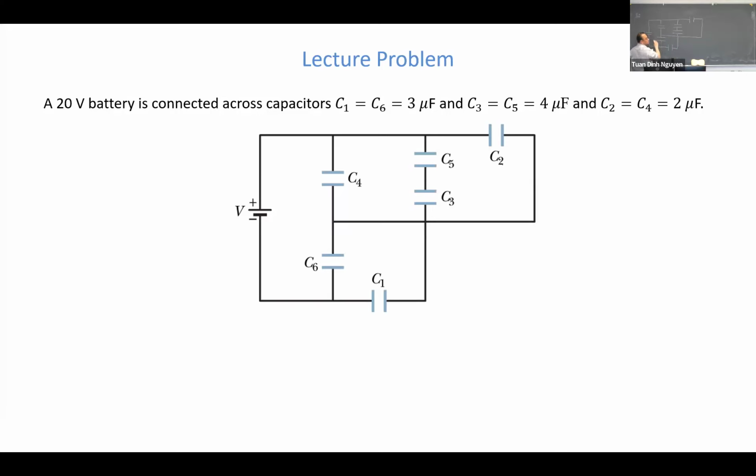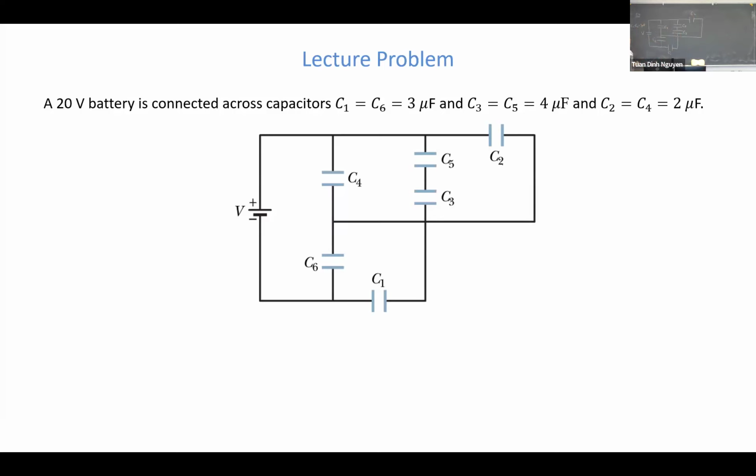And then we have 1, 2, 3, 4, 5, 6. C1 equals C6 equals 3 microfarads.